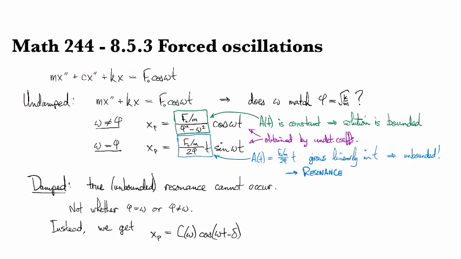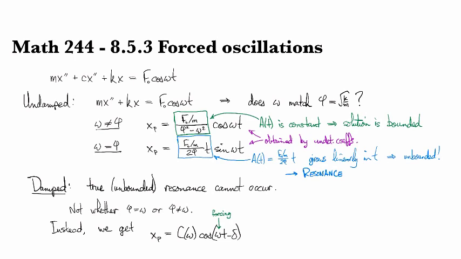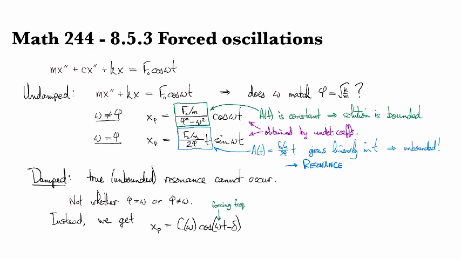So the long-term solution here is going to have the forcing frequency, and that sort of makes sense, right? So if you're forcing on a system, after a long time, really all the system sees is how you're forcing it. That's kind of like the moral of this little formula here.